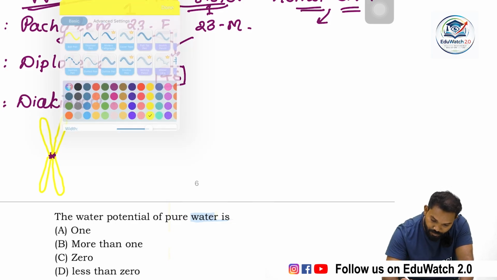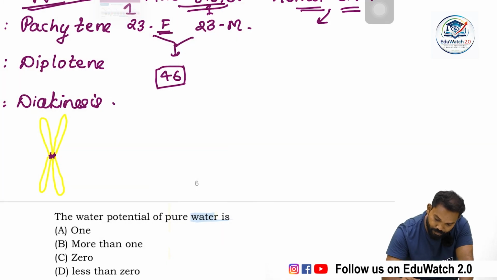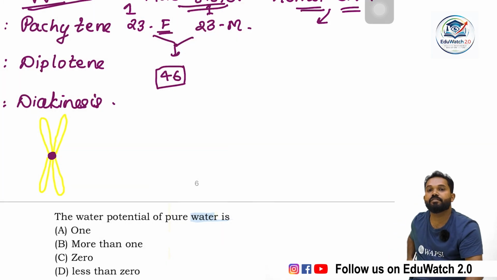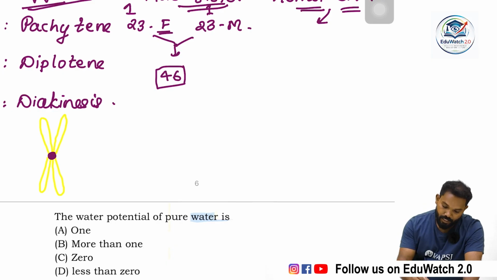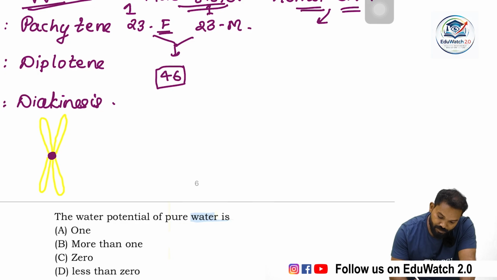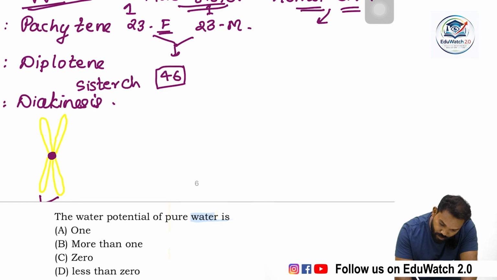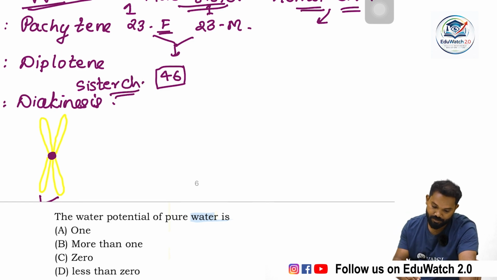Here this one is the centromere, and the yellow colored cylindrical parts are chromatids. These two chromatids of a chromosome are sister chromatids.